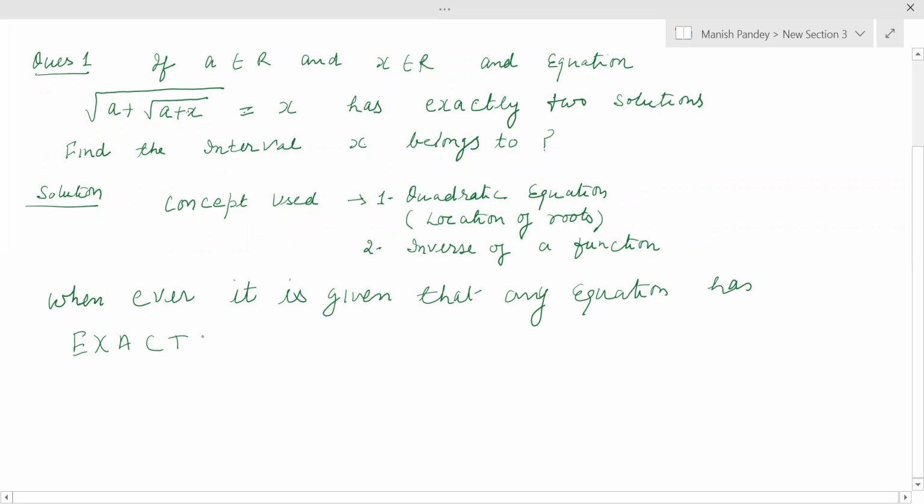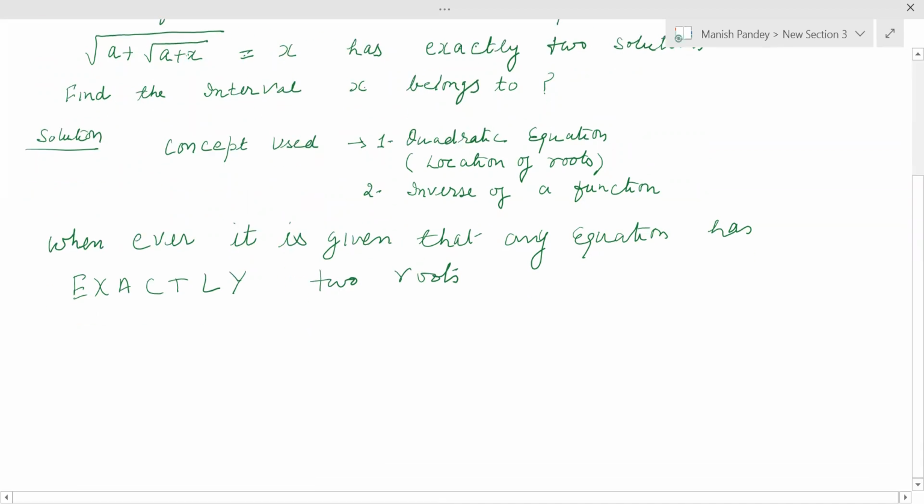Whenever IIT, BITSAT, JEE Mains, all these different competitions use this terminology, exactly two roots, it means we have to take two different roots.